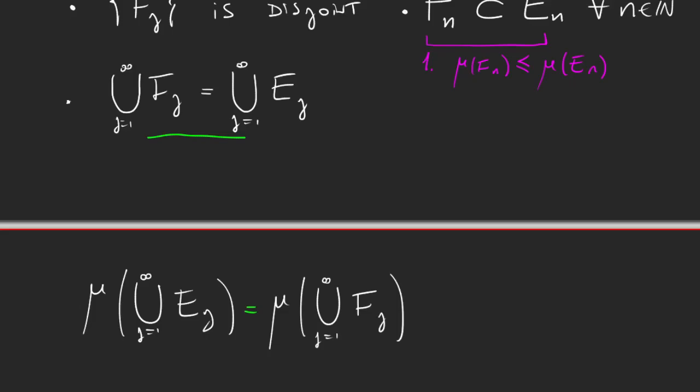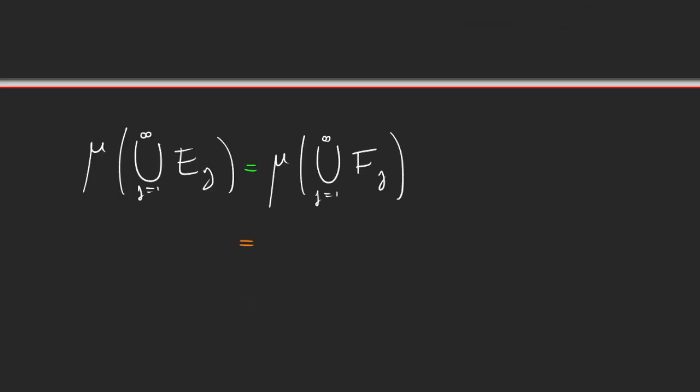But now the sequence F sub j is disjoint. So because mu is a measure, the measure of the union of disjoint sets is the sum of the measures. So this measure is equal to the sum of the measures of each F sub j.